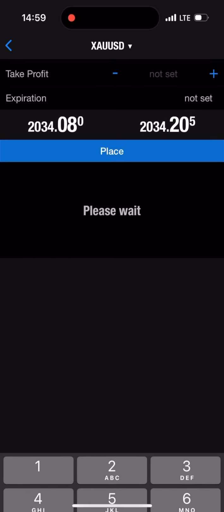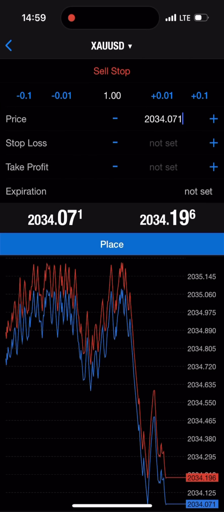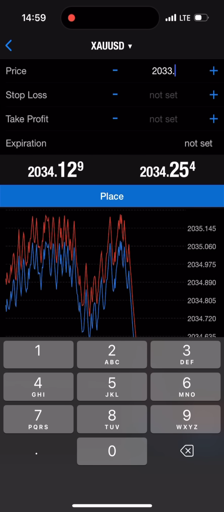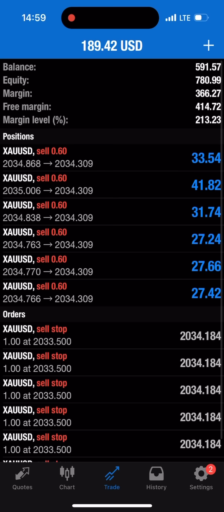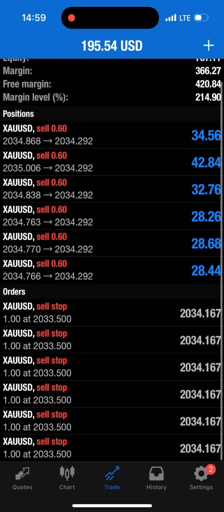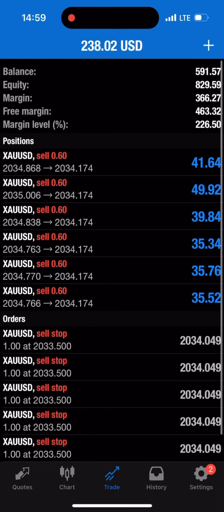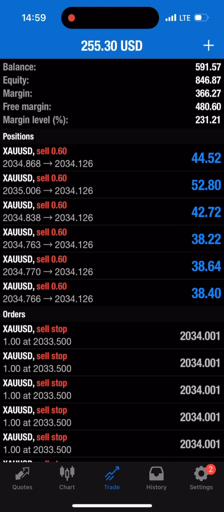All sell stop orders are placed, guys. So let's watch out how the market is going to move.